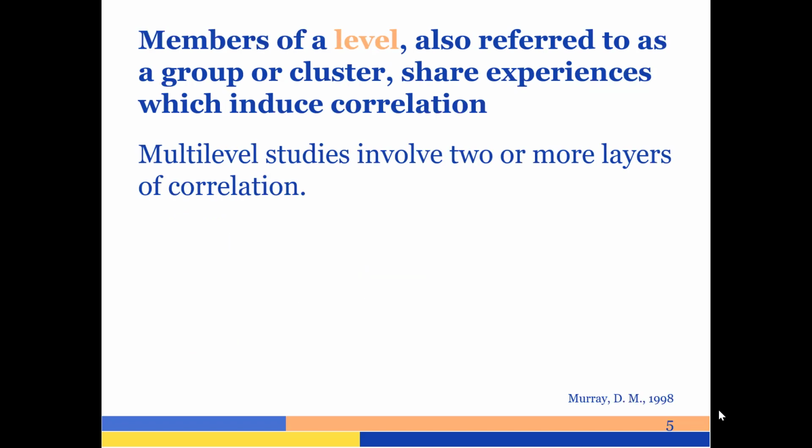Just like a single-level study, members of a level, also known as a group or cluster, share experiences which leads to their measurements being correlated. Think about students within the same classroom or patients that go to the same doctor, all sharing experiences that lead to correlation. Multi-level studies involve two or more of these types of layers of correlation.